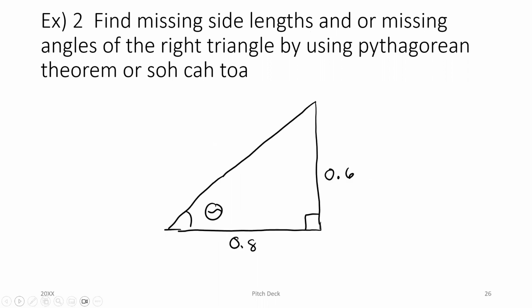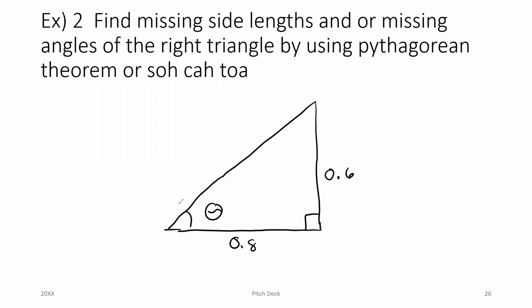Okay, so example 2 says find the missing side lengths or missing angles of the right triangle using Pythagorean theorem or SOHCAHTOA. So in our case, we have to find the missing angle. I forget what this symbol is called, this symbol right here. So that's an angle.